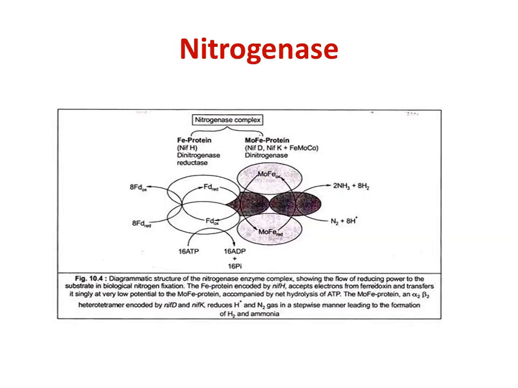So now, as I was discussing before, the different things which are required for the process of the reduction of molecular nitrogen into ammonia, the first and foremost thing is nitrogenase.